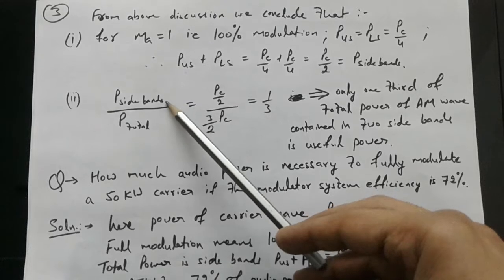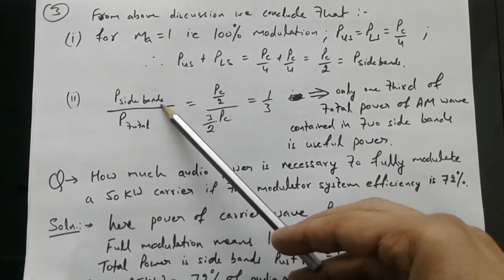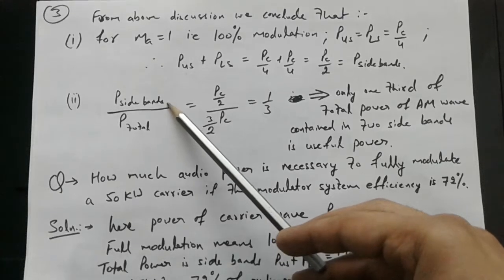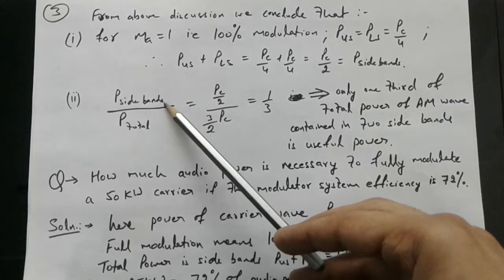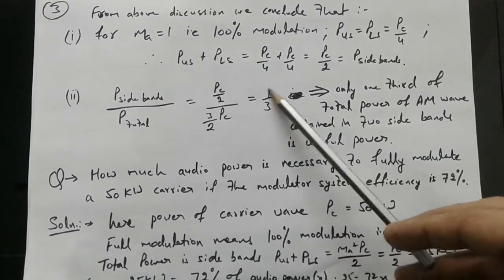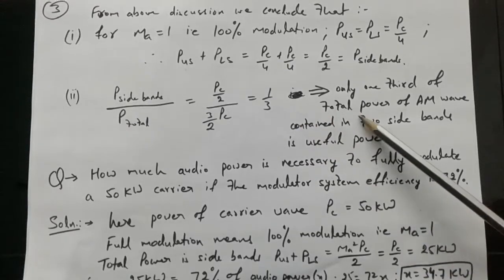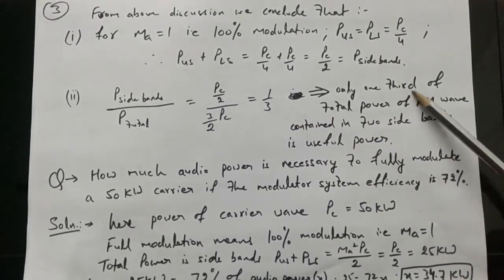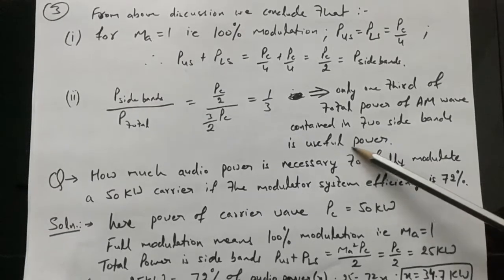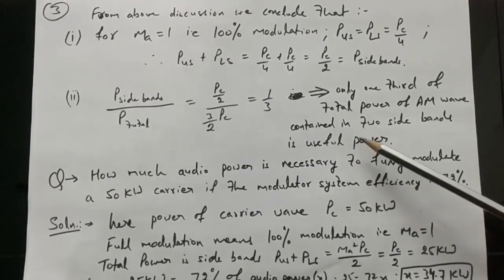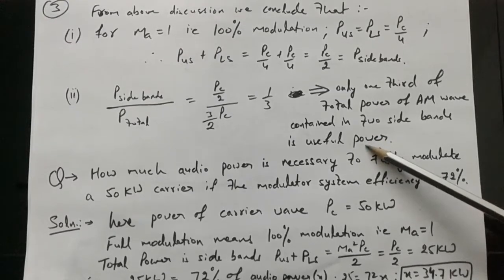So the useful bands are the sidebands, because the audio signal is only in the sidebands. The power associated with the sidebands is 1/3. So it shows that only 1/3 of the total power of the AM wave is the useful power, because only the sidebands contain the audio signal.